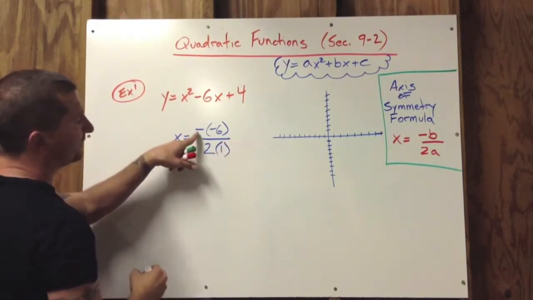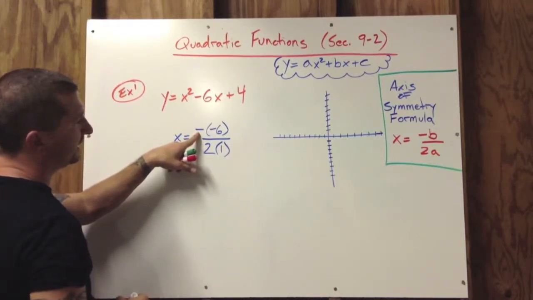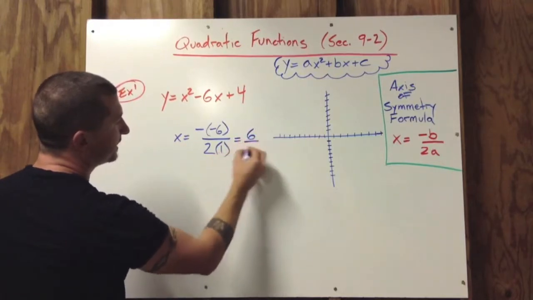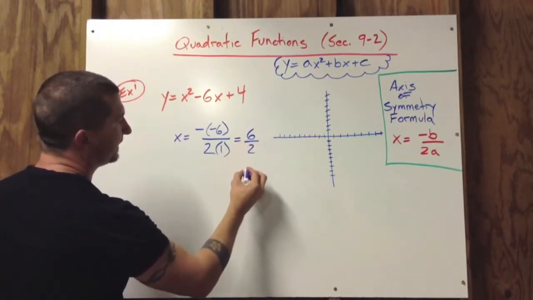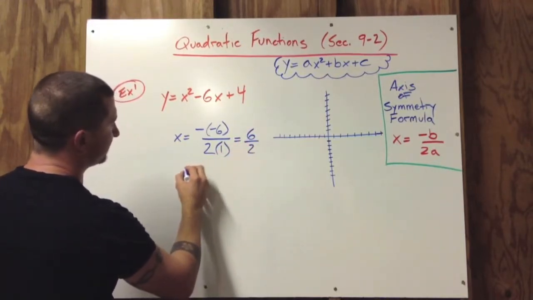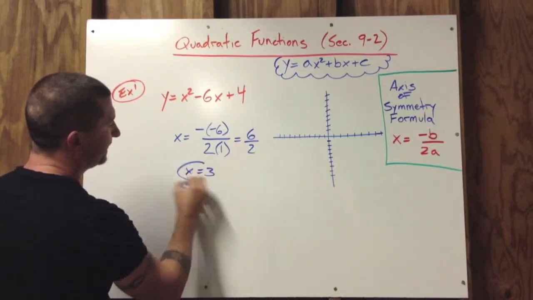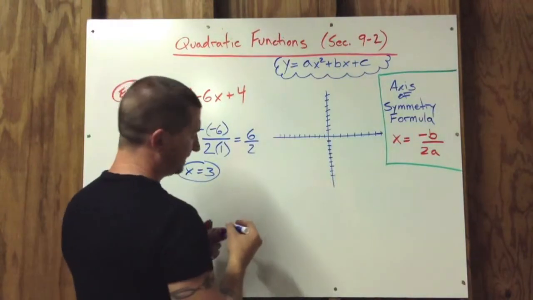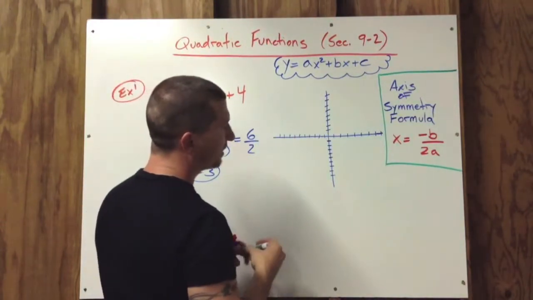So we have the opposite of negative 6, which is 6, and 2 times 1, which is 2, and that gives us 3. So x equals 3. So our axis of symmetry on the x-axis is going to be 3.